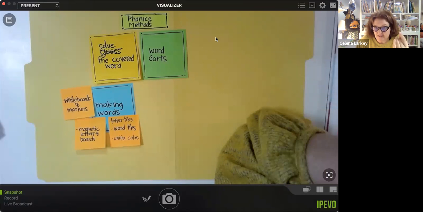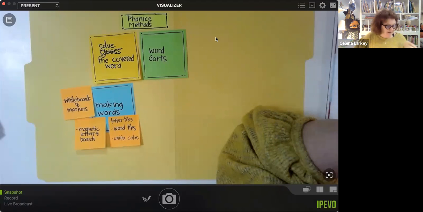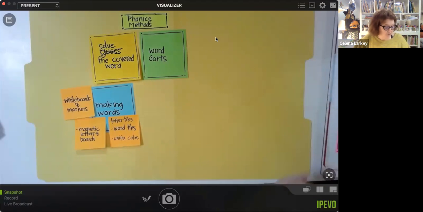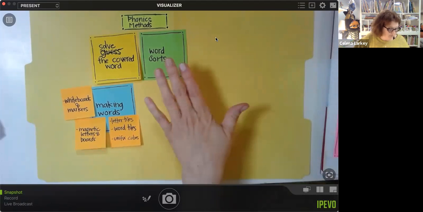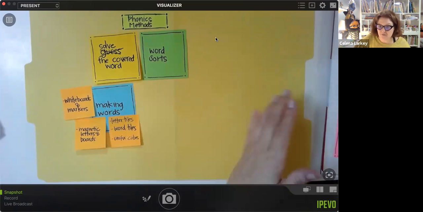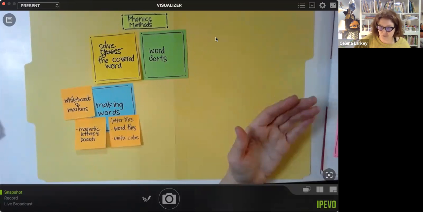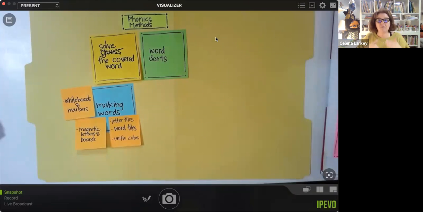The difference is, with units of study, I might turn to session 5 and it's a sort session. Then when I turn to session 6, it's a making words session. And when I turn to session 7, it's not a session that goes with my phonics, but it goes with my sight vocabulary. As the teacher, I'm like, oh my goodness, this goes back and forth.